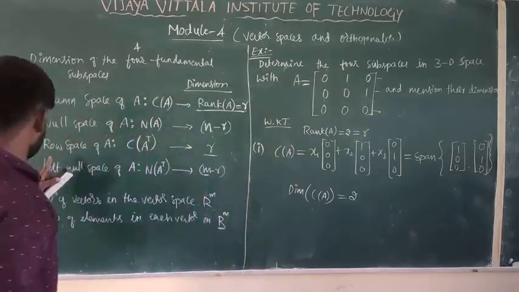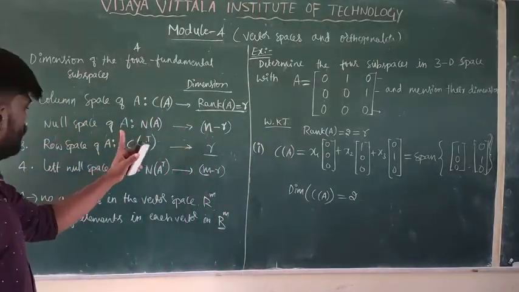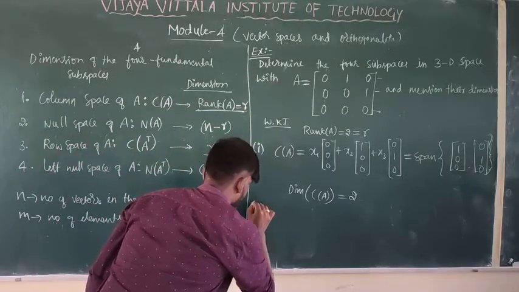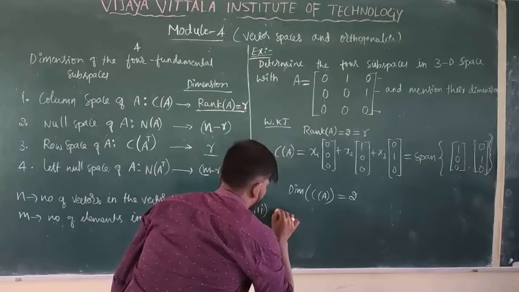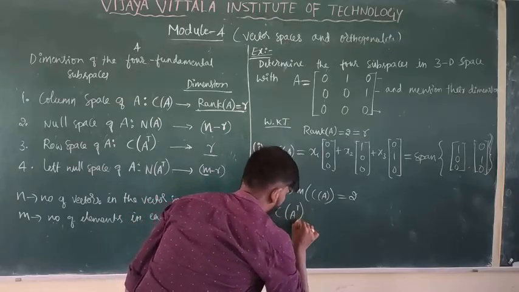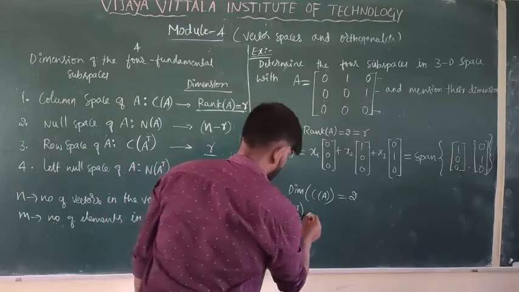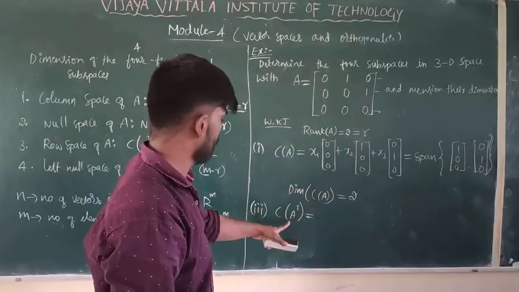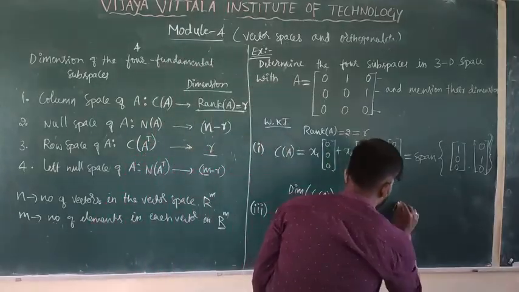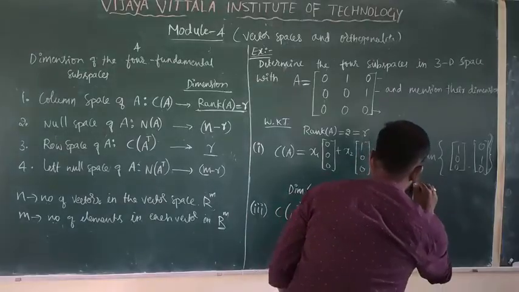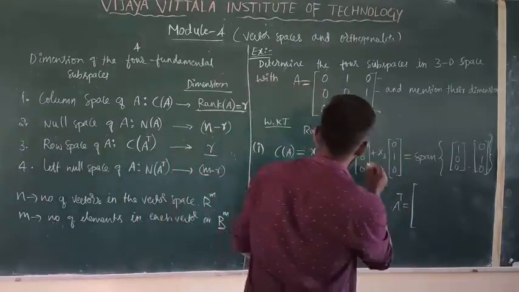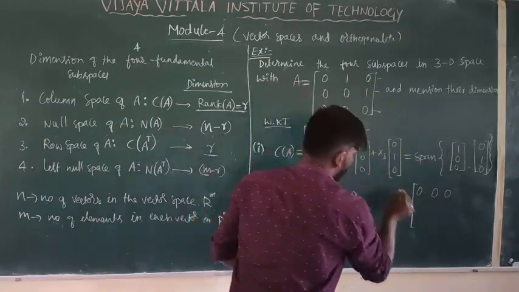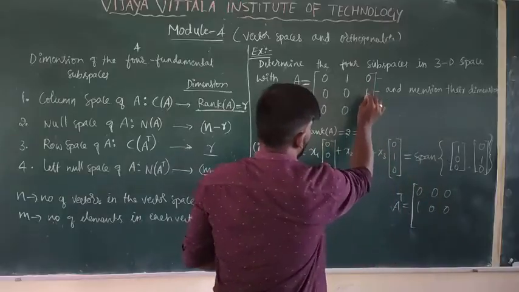Third, we will find the row space of A, which is denoted by C of A transpose. This is also a linear combination of vectors, but the matrix is A transpose. Here the A transpose matrix is: we write each column as a row, first row 0 0 0, then 1 0 0, then 0 1 0.